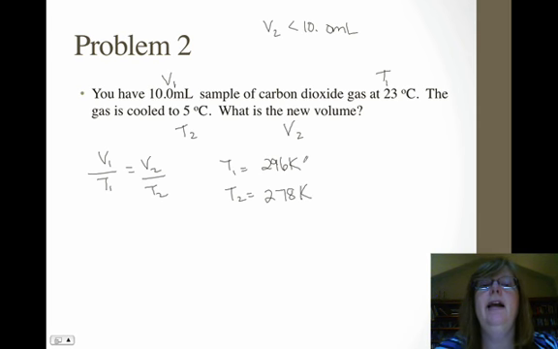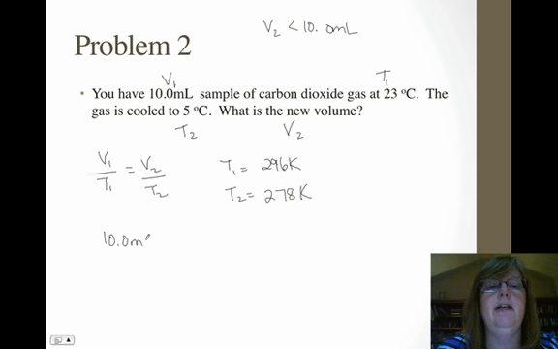All right, now that our temperature is in Kelvin, we can go ahead and plug our numbers in and solve for our new volume. Okay, well, we started off with 10.0 milliliters, and our temperature was 296 Kelvin, and we would like to know what our new volume is when we have cooled this down to 278 Kelvin.